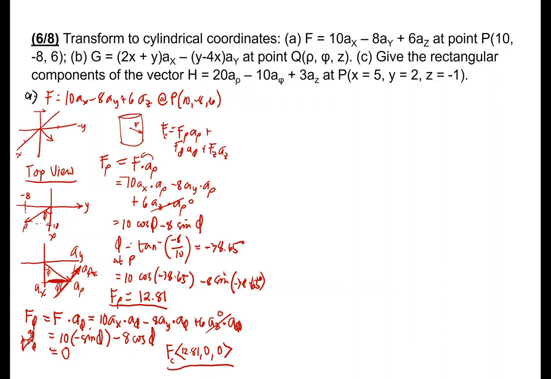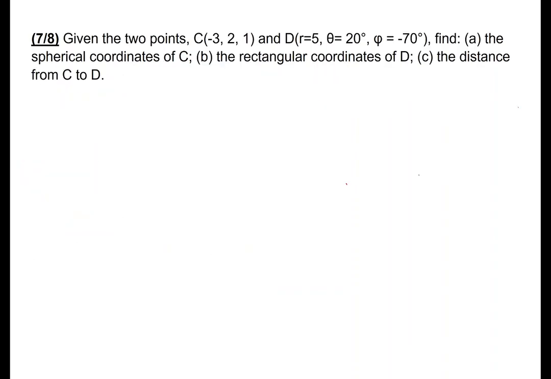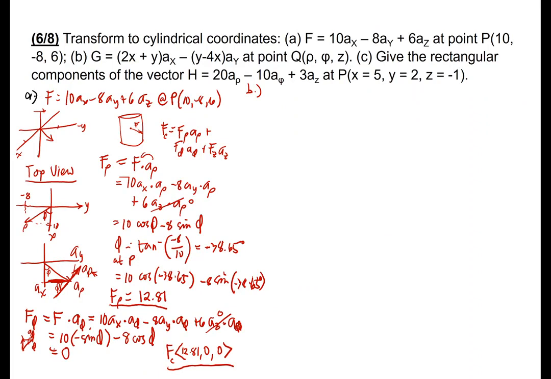Okay, now let's proceed to problem B. Problem B is quite similar to the previous problem. You have G at point Q. The challenge here is how you express it. So we first find the value of G along aρ, so we write Gρ equal to G dot aρ.